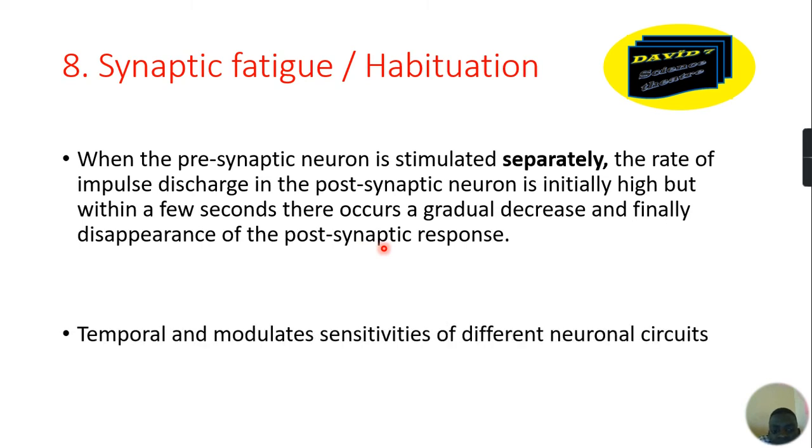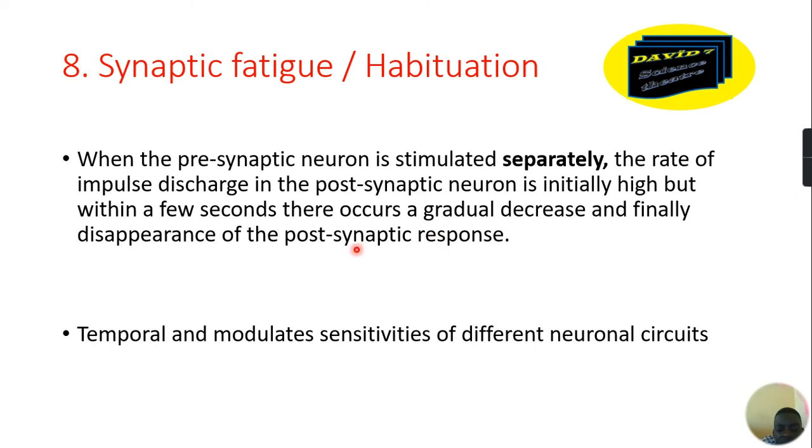This fatigue is temporal and modulates sensitivities of different neural circuits. All right, but the major thing is that there is ignorance of the stimulation. There is gradual decrease until postsynaptic impulse transmission disappears.